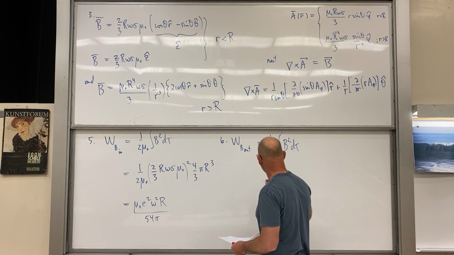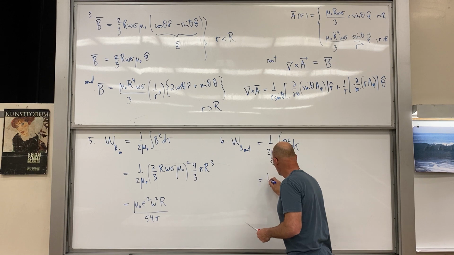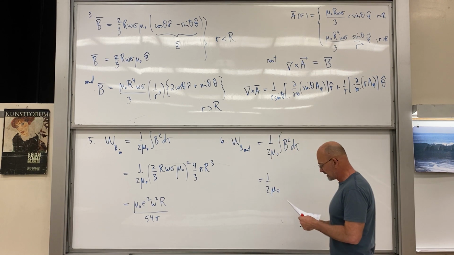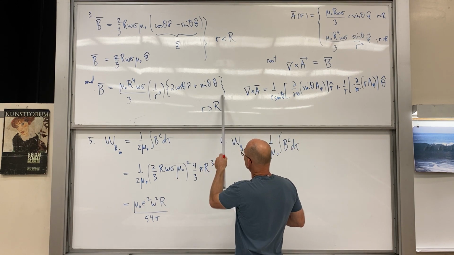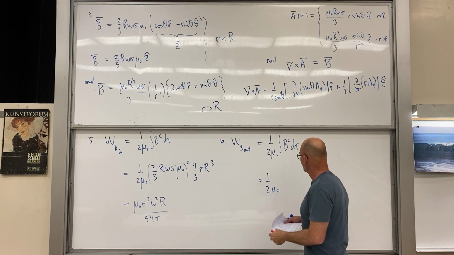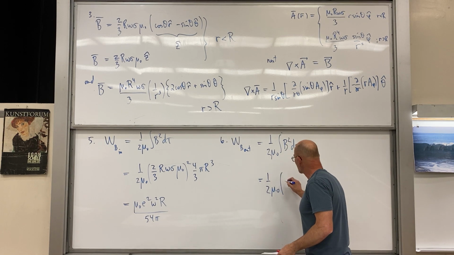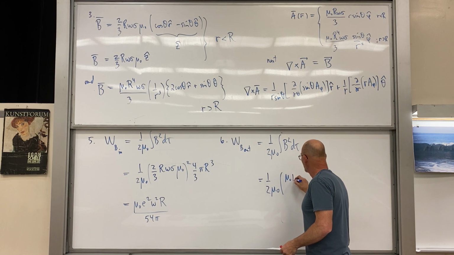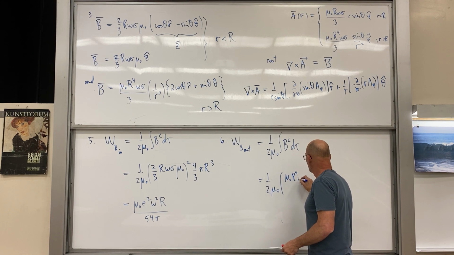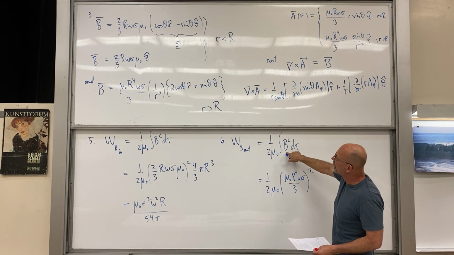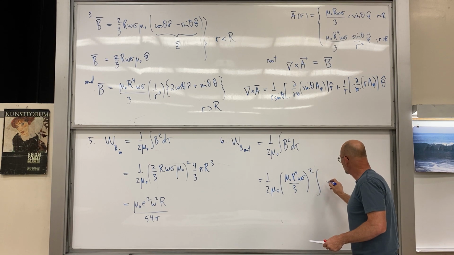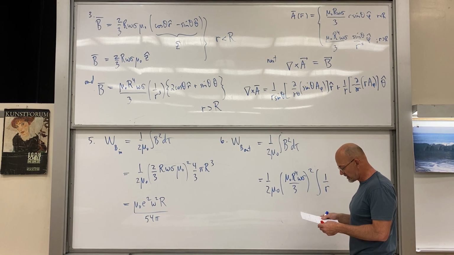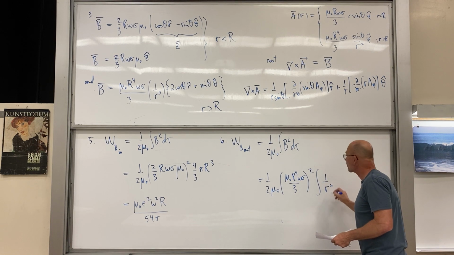Put the sigmas in. So 1 over 2 mu naught, and then we can of course square all of this stuff. All those constants can come out, mu naught r to the 4th omega sigma over 3, being squared. And then inside the integral, we've got the 1 over r cubed, so that's also squared, over r to the 6th.